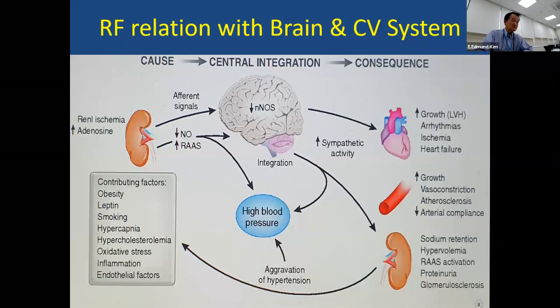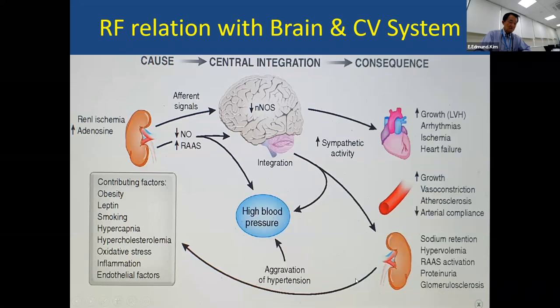But if that is decreased in the brain, it's sort of a cycle, and then generating certain growth hormone, makes heart trouble, arrhythmia, ischemia, and vascular constriction, atherosclerosis. And then it also affects the kidney, with sodium retention, hypervolemia, some proteinuria, and glomerulosclerosis.